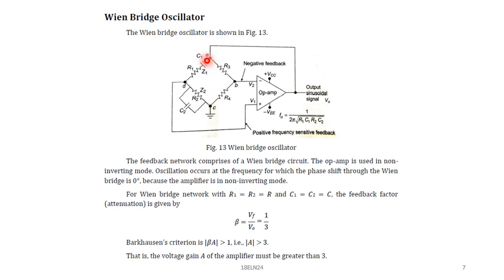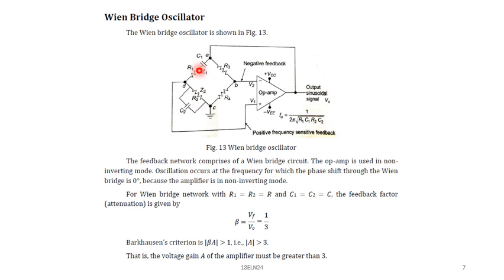So here there will be a 90 degree lead between the circuit, and here it is a lag. So overall it will compensate. So at this point we will get a 0 degree phase shift. In the phasor diagram we know that the voltage across the capacitor and resistance, here it leads the current, whereas here it lags.